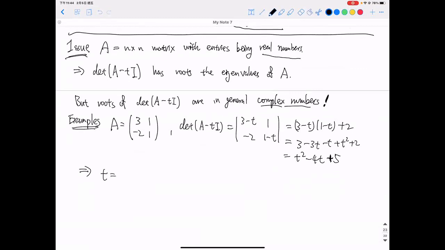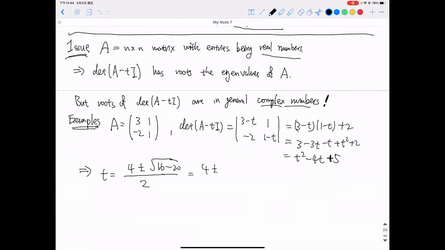So t is equal to 4 plus or minus the square root of b squared minus 4ac, so 16 minus 4 times 5, that's 20.